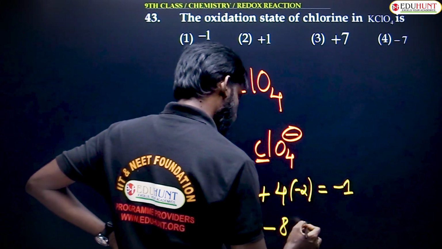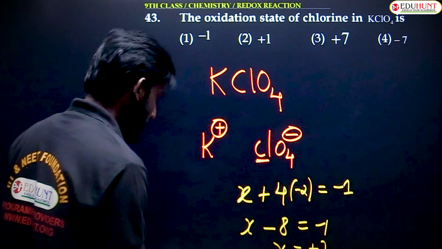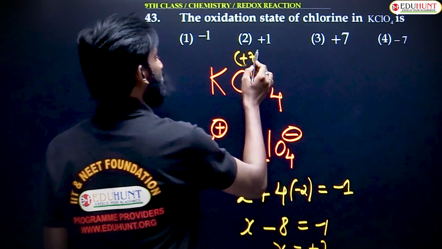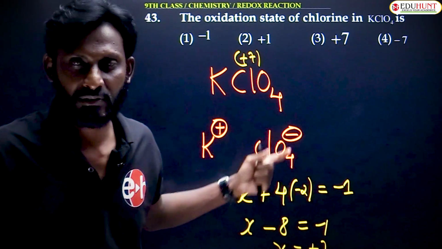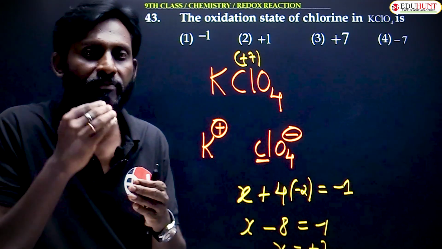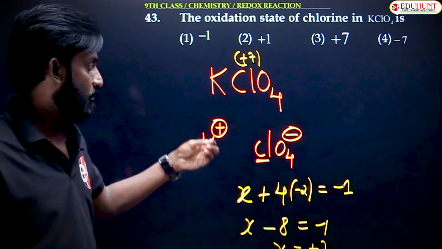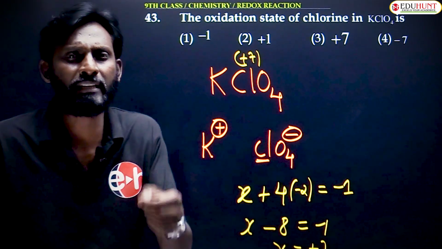X minus 8 is equal to minus 1, X is equal to plus 7. So the oxidation state of chlorine here is plus 7. I have calculated this several times, that's why I made it a little bit faster. Don't bother about my writing. We did this oxidation number calculation several times, that's why I'm making it a little bit faster.